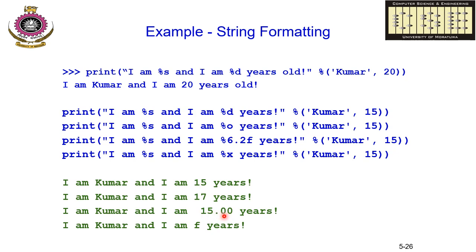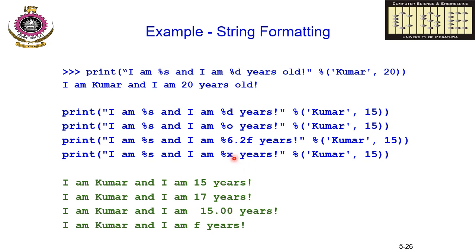Already we are occupying 5 characters, but there's an additional character included as well. Because we do not have 6 characters, Python is including a white space character, because we are specifically asking for a 6 character representation. Out of those 6, 2 will be for decimal places, 1 will be for the dot or the decimal symbol, and the rest will be for the number. So in this notation, it will be printed as 15.00 years.